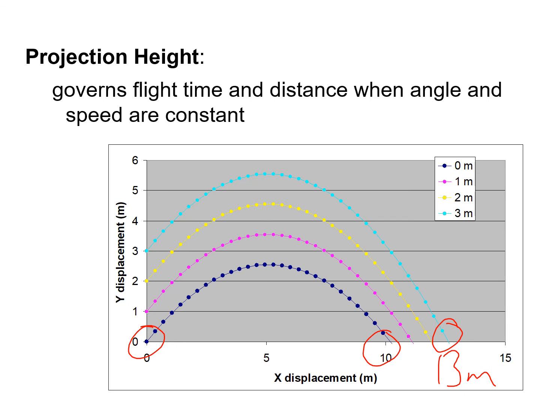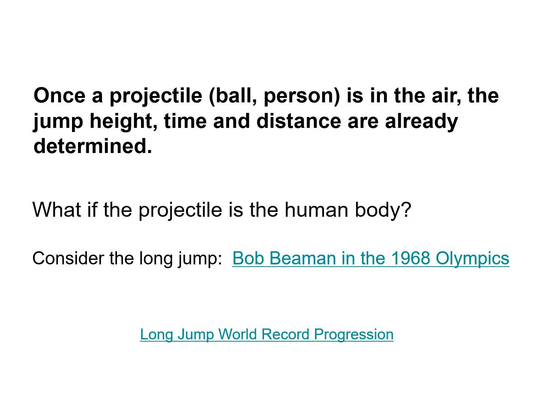Fairly simple. It has greater time in the air to come down and still travel forward. But once a projectile, ball, or person is in the air, the jump height, time, and distance are already determined.